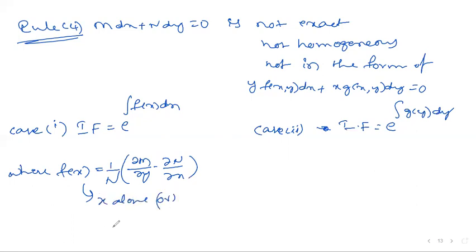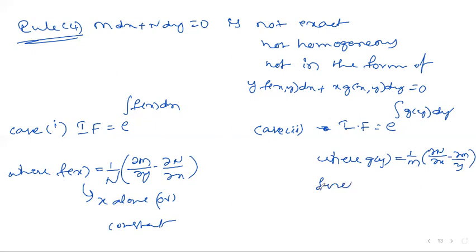Next, g(y) is equal to 1 by M of (∂N/∂x − ∂M/∂y). We get a function of y alone, or constants.